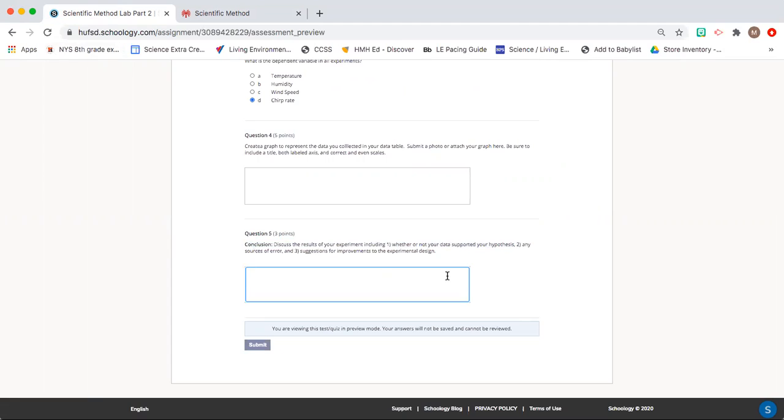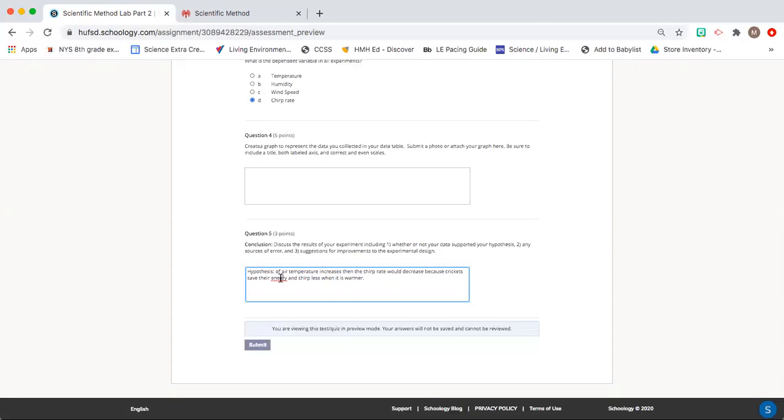So if you think back to Tuesday and Wednesday, our hypothesis was about air temperature. Our hypothesis said, if air temperature increases, then the chirp rate would decrease, because crickets save their energy and chirp less when it is warmer, right?